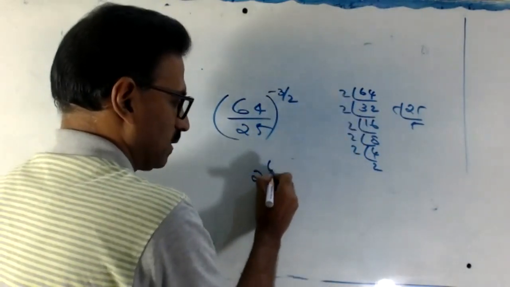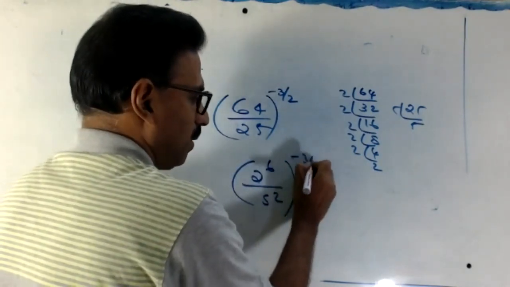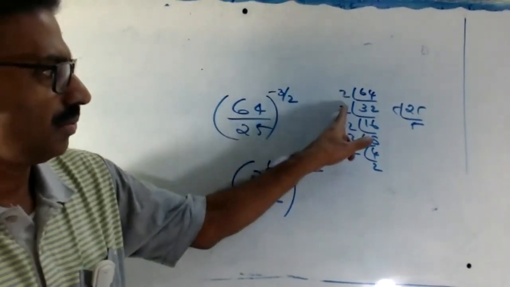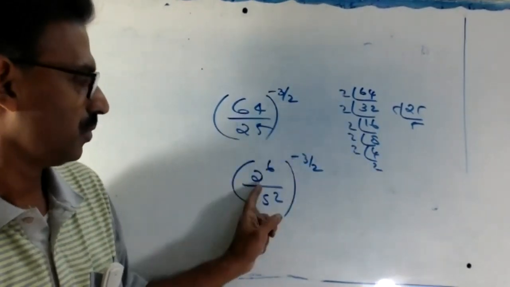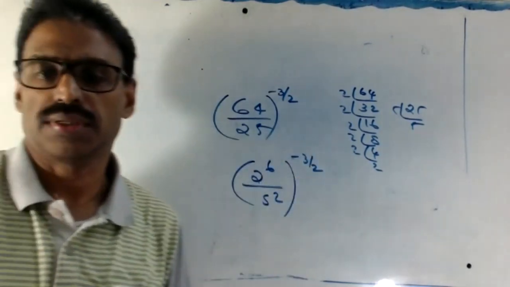2 raised to 6 divided by 5 square, whole raised to minus 3 by 2. Okay, 1, 2, 3, 4, 5, 6. 2 raised to 6 whole raised to minus 3 by 2 divided by 5 square.